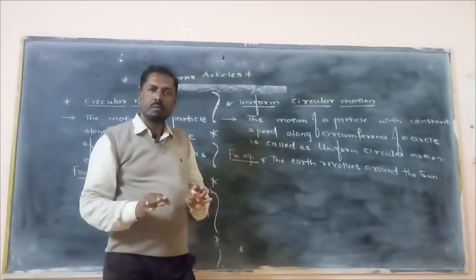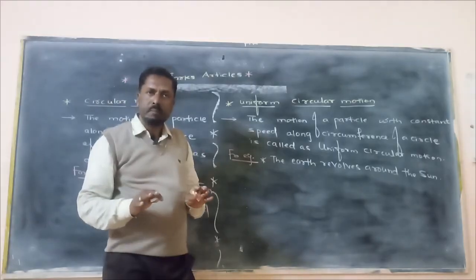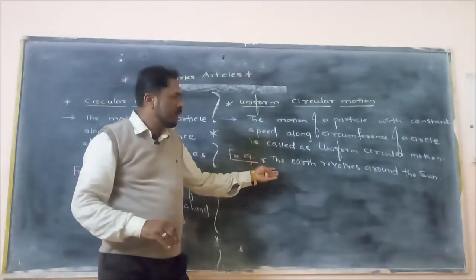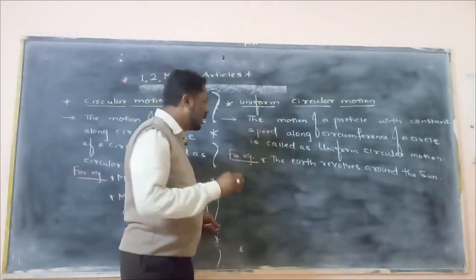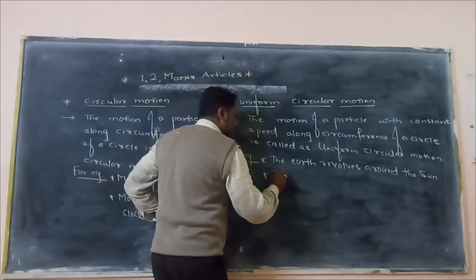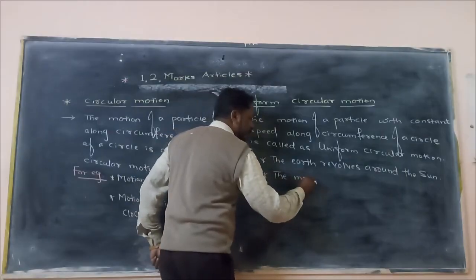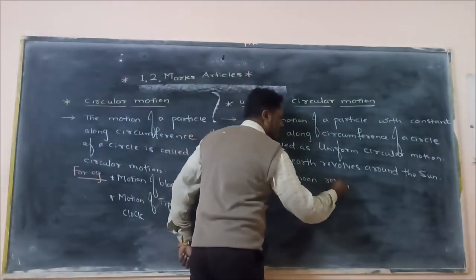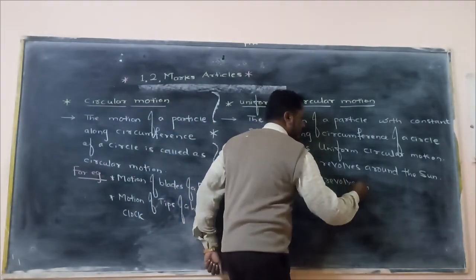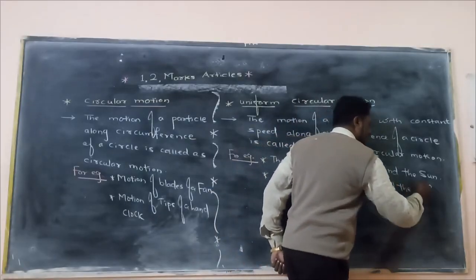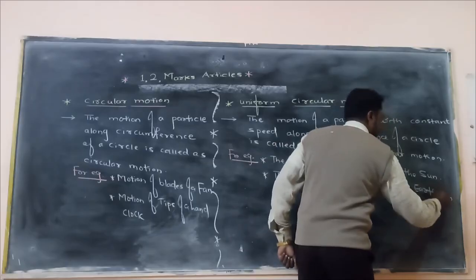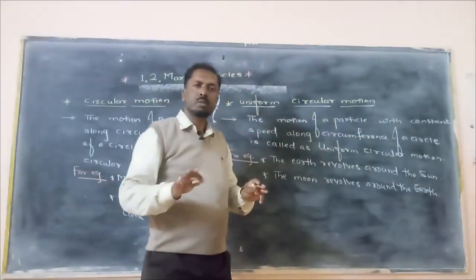The speed of the earth is constant. The earth is revolving around the sun at a constant speed. Another best example is that the moon revolves around the earth. Here again the speed remains constant.